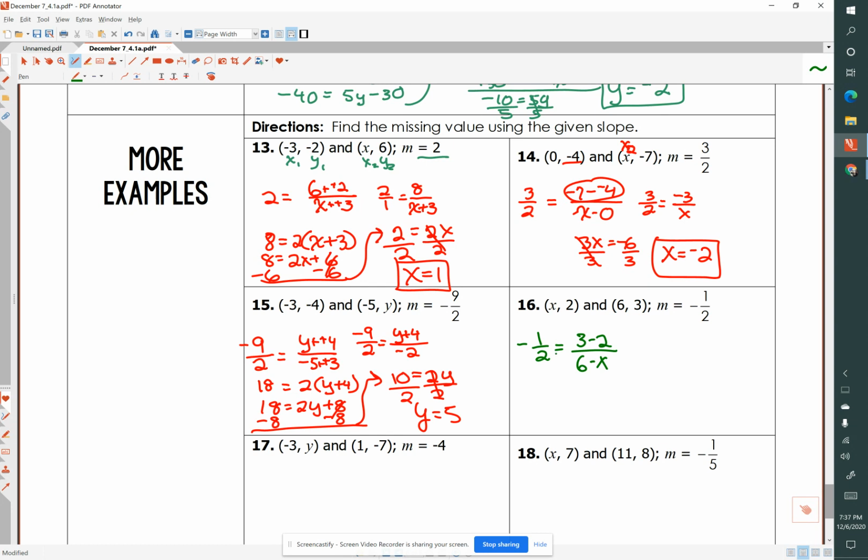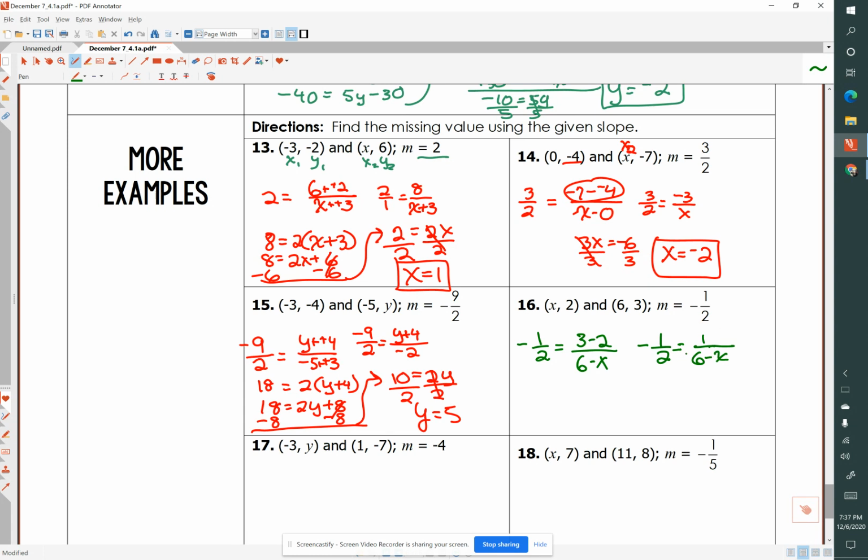So we have a couple of choices here. I think I'm going to rewrite this as negative 1/2 equals 1 over 6 minus x. So we can simplify that because 3 minus 2 is 1.